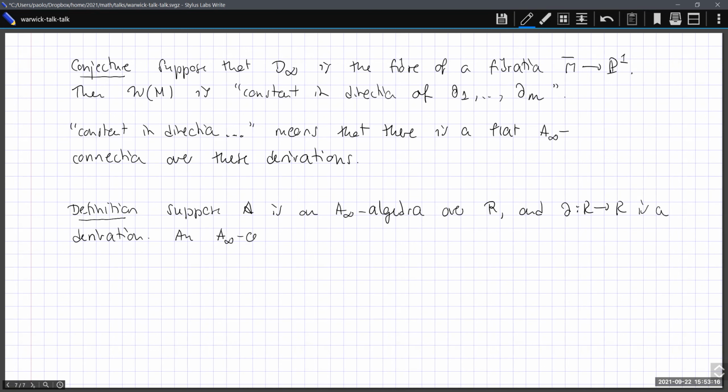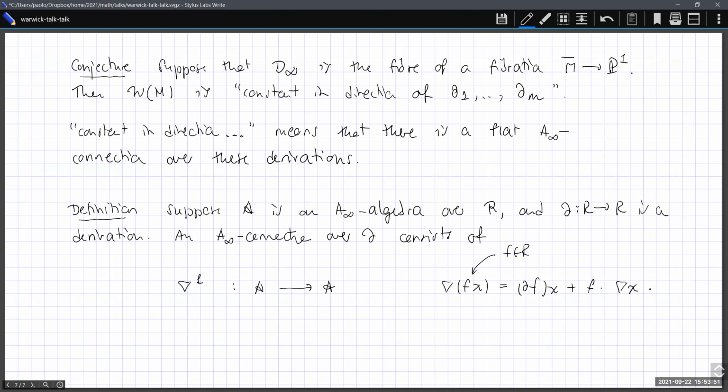Okay, so an A infinity connection over D consists of, well, you might think, it's a connection, so it's probably like a linear endomorphism, which satisfies the usual connection property with respect to this derivation, for f in R. And it should be compatible with all the A infinity operations, but that is way too much to ask.